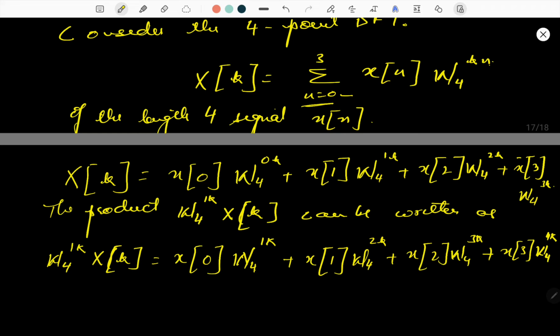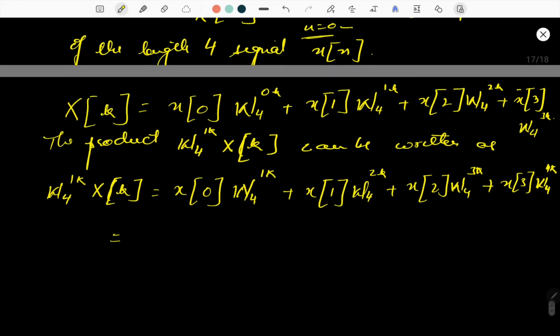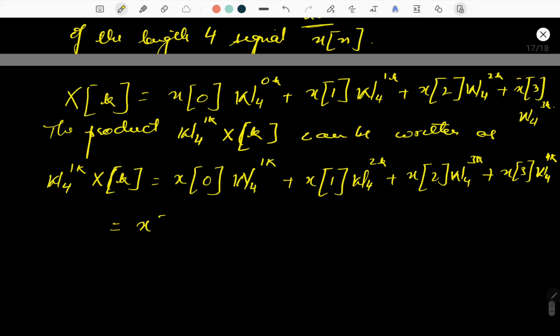So we can rewrite this: x3 W4^(0k), because W4^(4k) is also equal to W4^(0k). This can be proved.